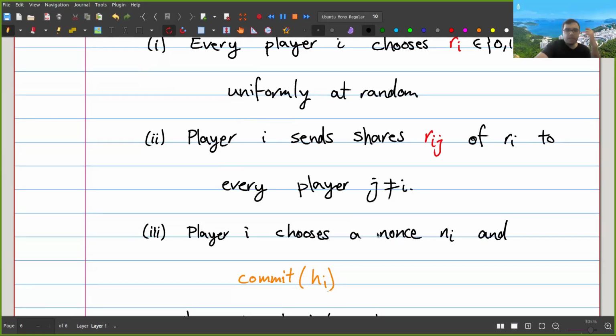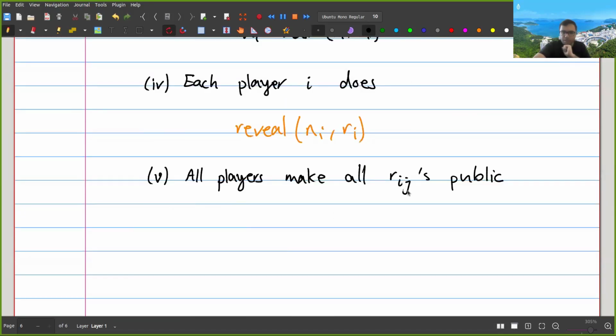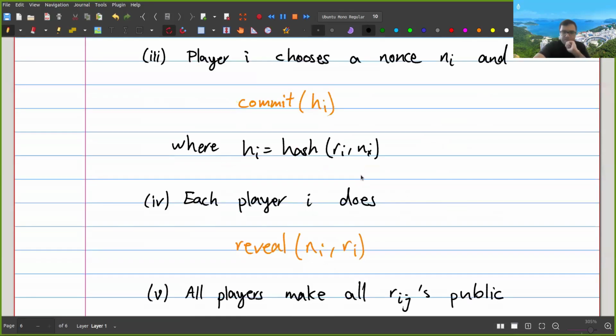A player has cheated if they sent, for example, invalid shares to the other players. But how can we find out? We can find out if we realize that the shares that they sent to the different players didn't come from the same polynomial. So when we're doing the reconstruction of the polynomial in our secret sharing, when we're doing the Lagrangian interpolation, if different players can get different polynomials, that means that there was some cheating.